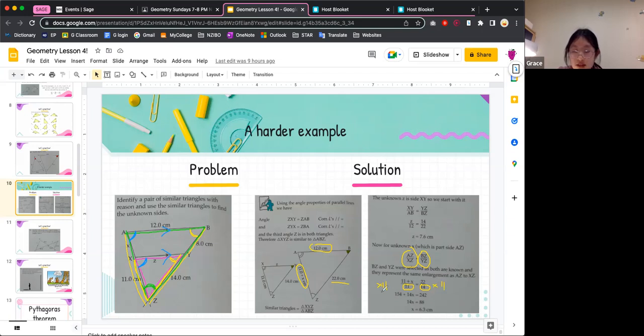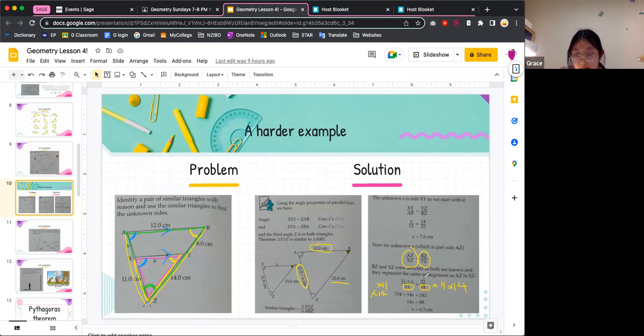And then on the other side, we want to get rid of divide 14, so we times it. So we end up multiplying by 11 and multiplying by 14 on both sides.